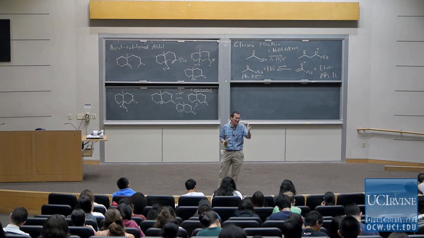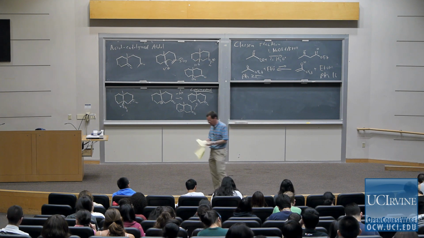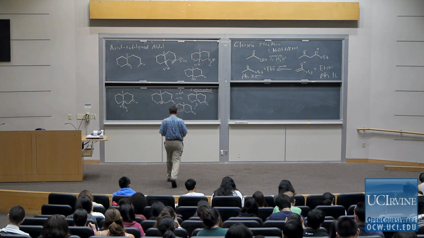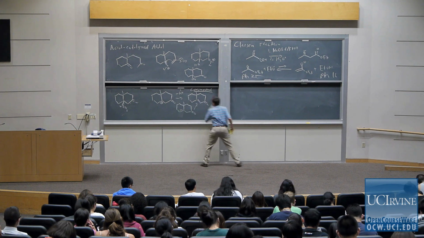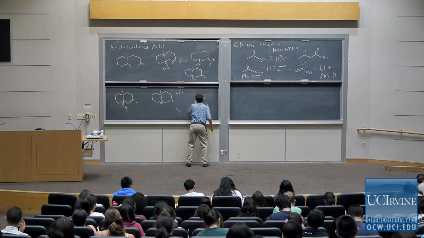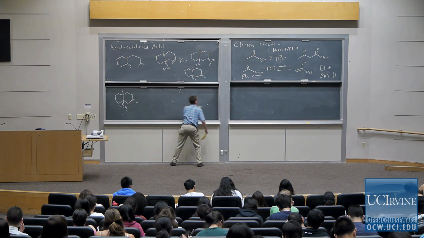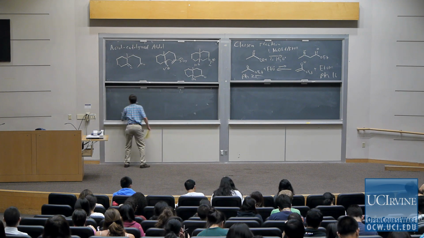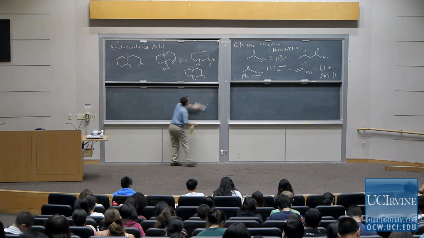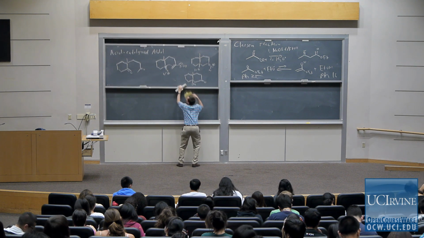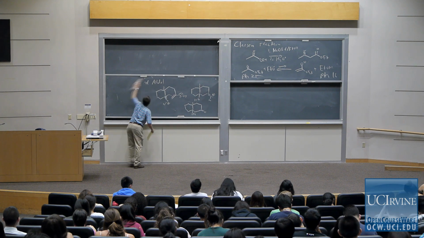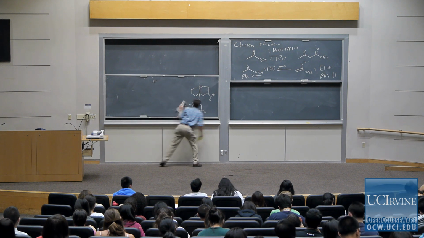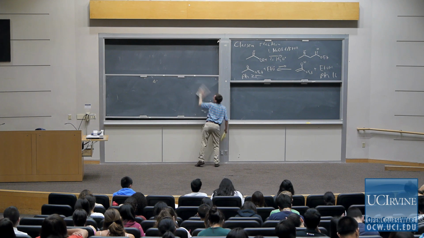I said 10 to the 10th. 10 pKa units difference is sort of right where these equilibria can become significant. So you're set up to generate an itsy-bitsy, little bit of the enolate. And you have plenty of ethyl acetate sitting around. So that ethyl acetate can react with that itsy bit of enolate.